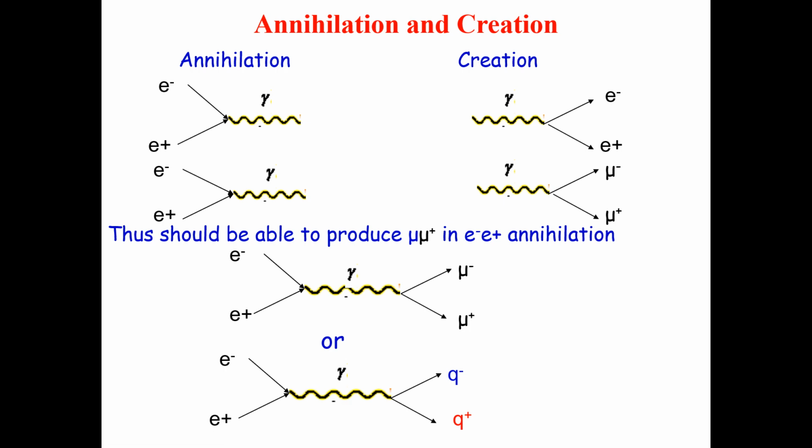Or we can say that we have the electron positron pair, and when they interact, first they annihilate into gamma rays, and after the annihilation they move toward creation, and as a result of that creation they produce positively charged and negatively charged particles. So this is the key idea for the annihilation.